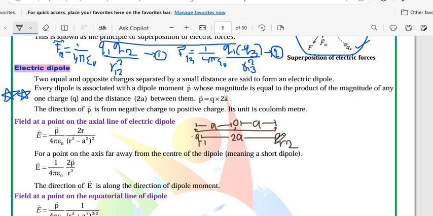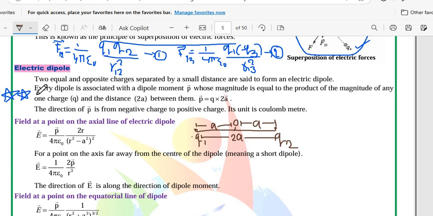Now, two equal and opposite charges separated by a small distance are said to form an electric dipole.